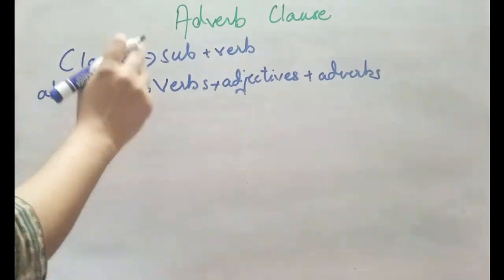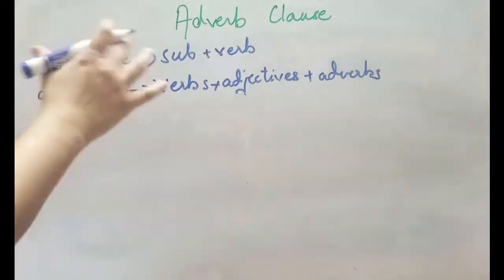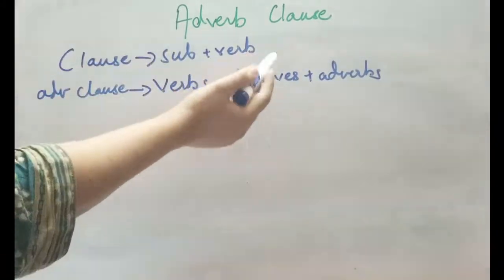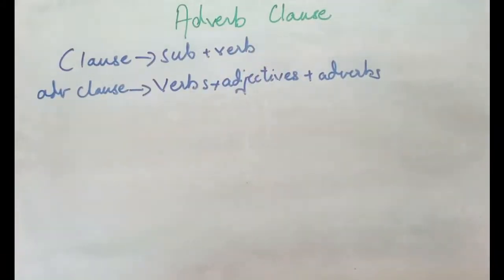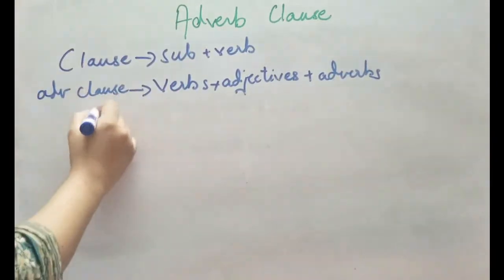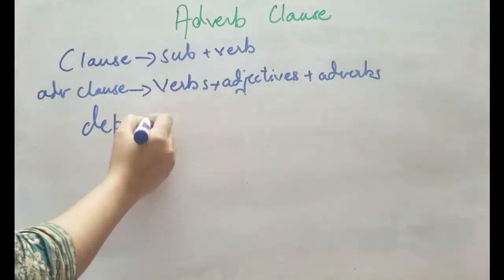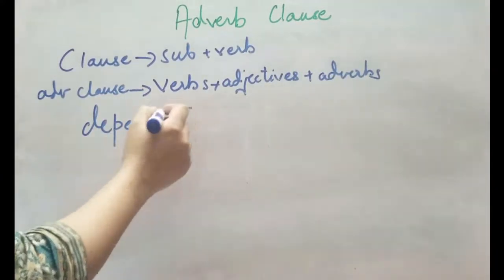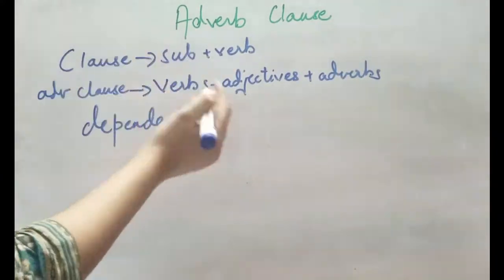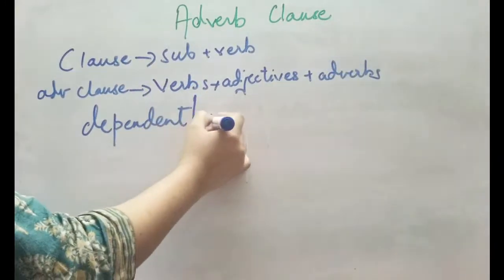So see, the entire clause will modify verbs, adjectives and other adverbs in the whole sentence, and it's sort of a dependent clause because it will always rely on the independent clause to complete the sentence.